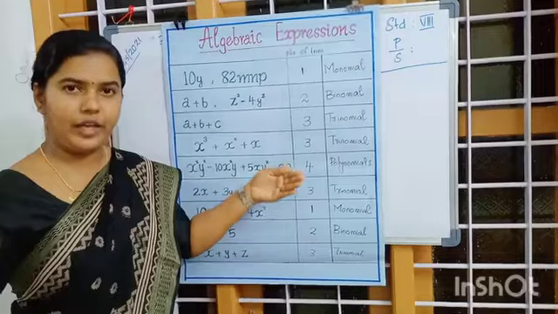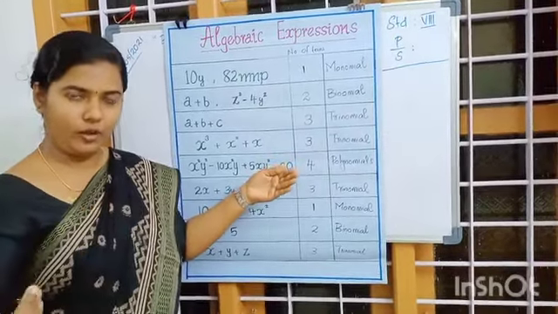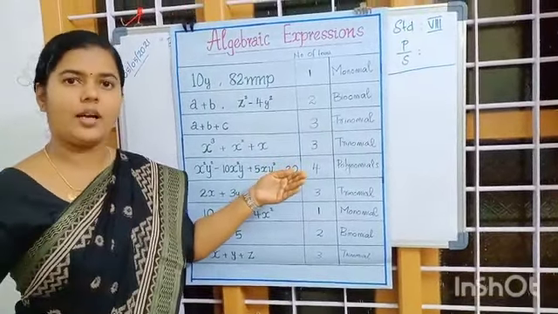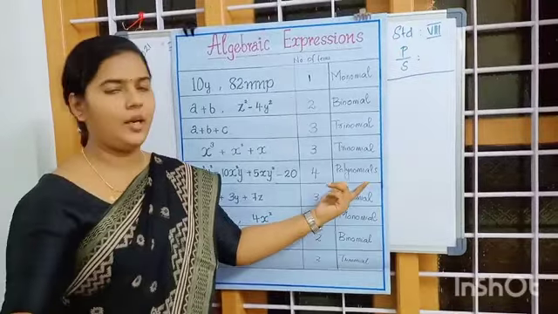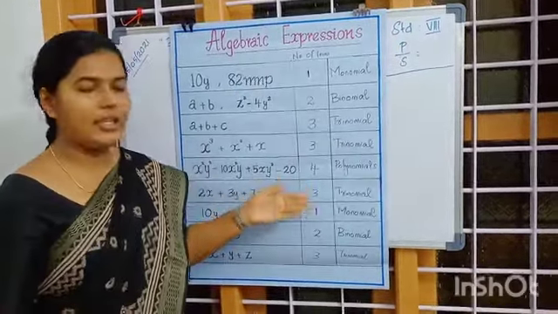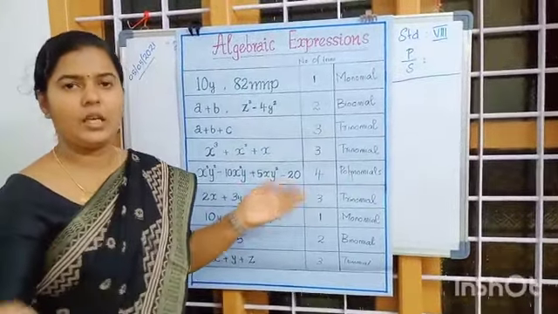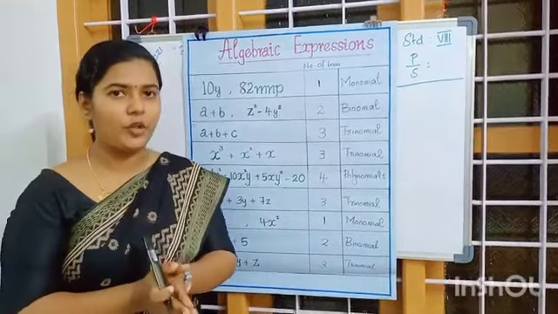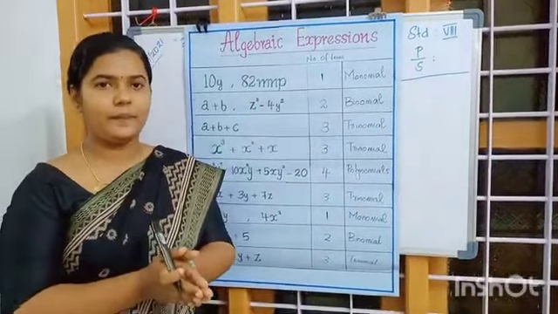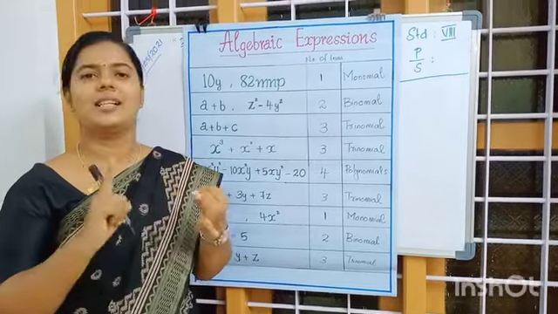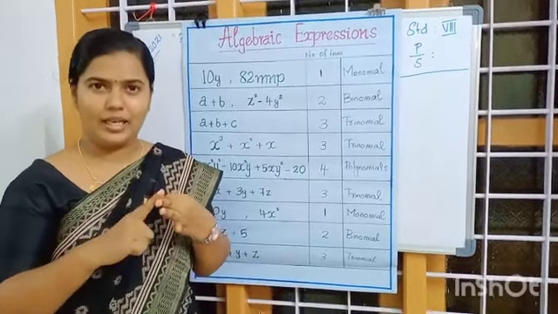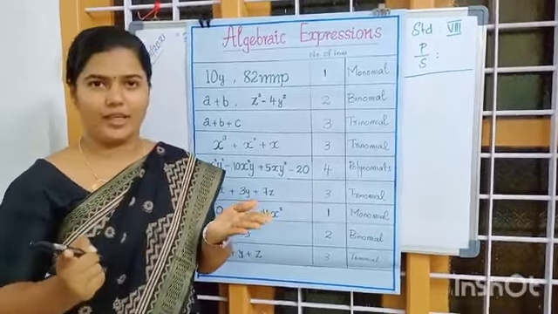And expressions with 4 terms, 5 terms, 6 terms and so on will be generally named as polynomials. So this is actually types of polynomials. So tell me, which are the types of polynomial we have discussed now? Yes, it's monomial, binomial, trinomial and generally polynomial.